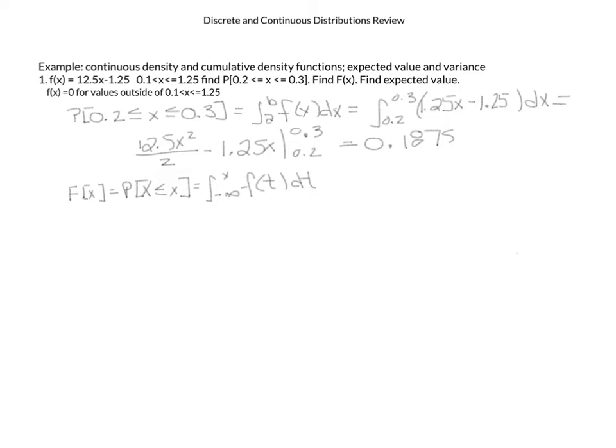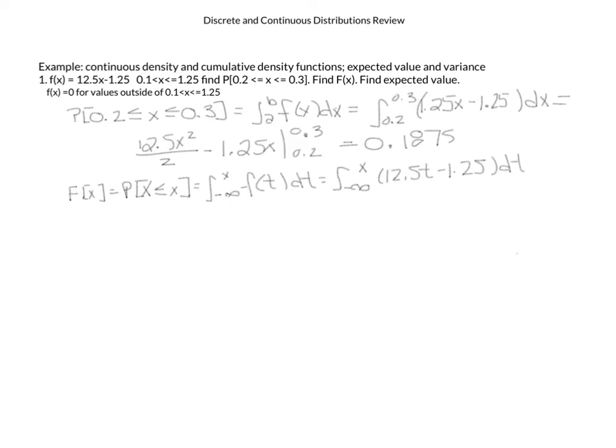I have my formula for cumulative distribution here, so F of little x is equal to the probability that random variable x is less than or equal to little x. For continuous random variables, that's the integral from negative infinity to x of f of t dt. The t is just our variable of integration.